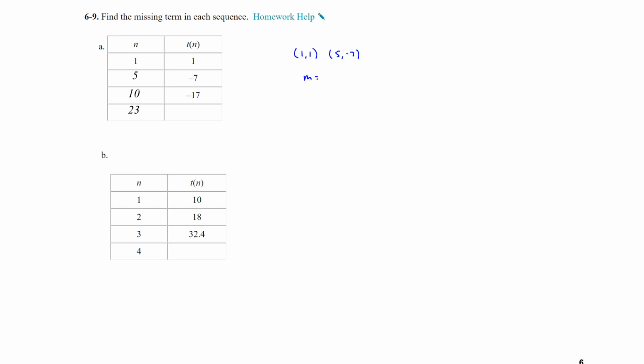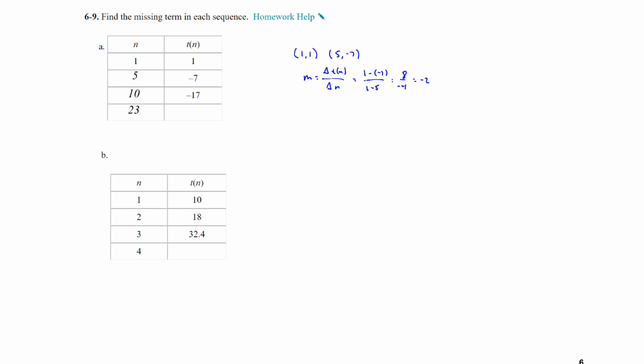So that would be the delta t of n over delta n. And so that's 1 minus -7, which would be 8. And then 1 minus 5. So this would be 8 divided by -4 or -2.